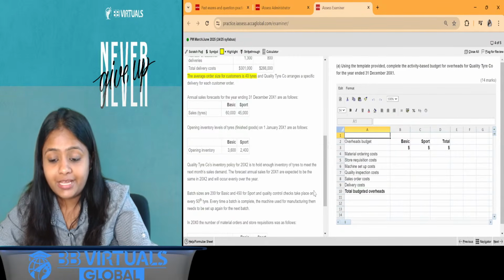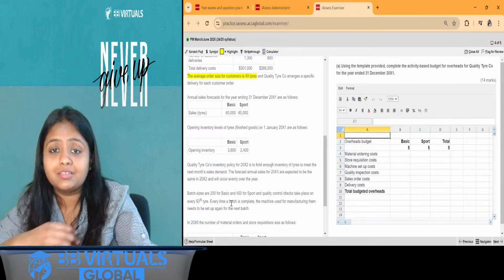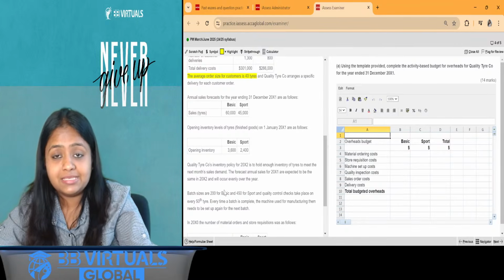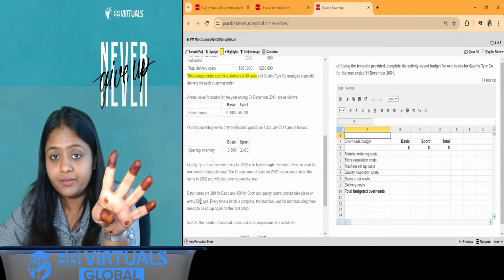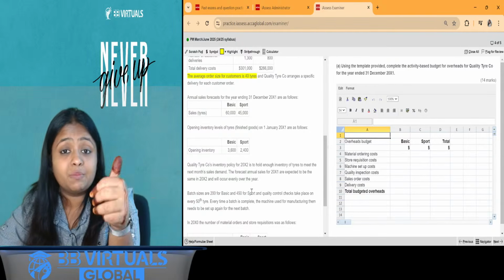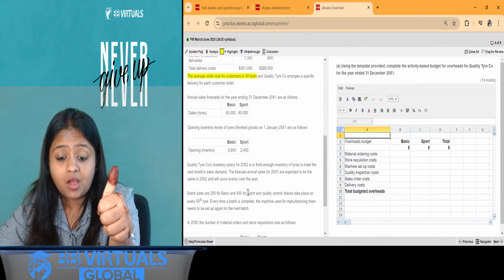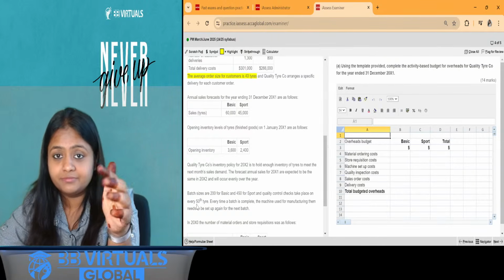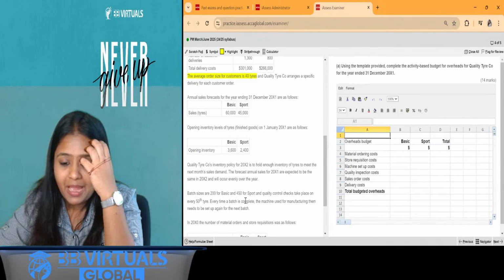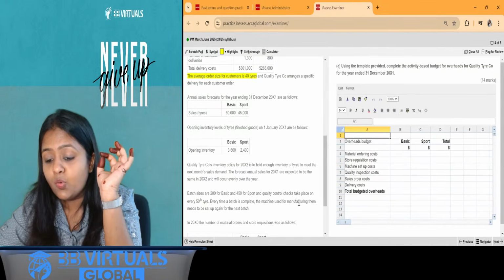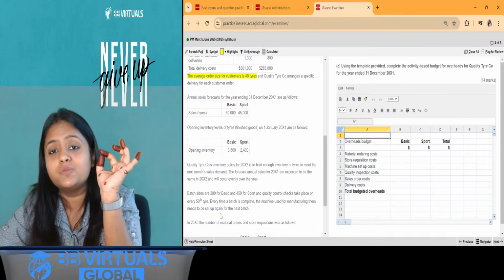Quality control checks take place every 50th tire. So that means in basic, there will be 4 quality control tests. How? 200 by 50. In case of sport, there will be 9 quality control tests. How? 450 by 50. So this paragraph is very important. Every time a batch is complete, the machine used for manufacturing them needs to be set up again.